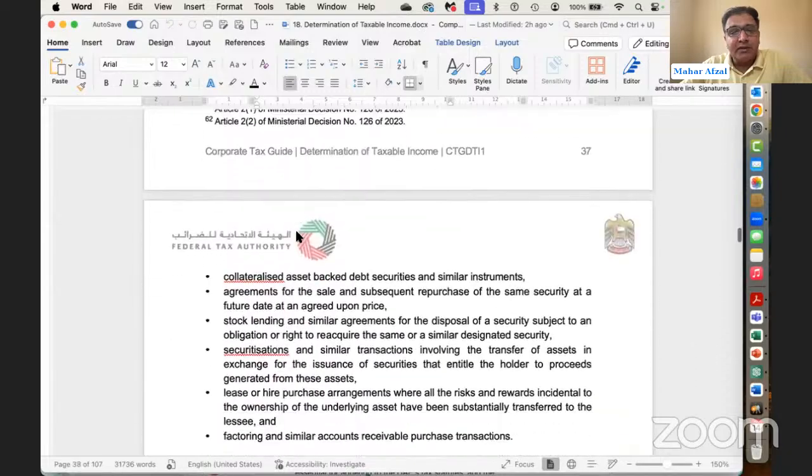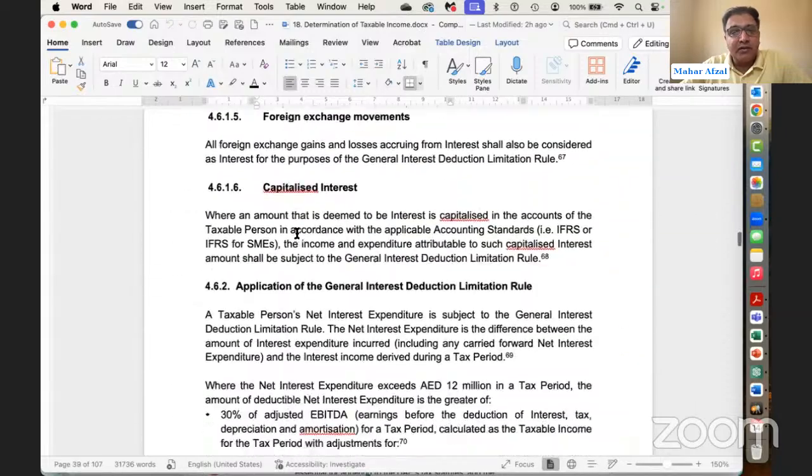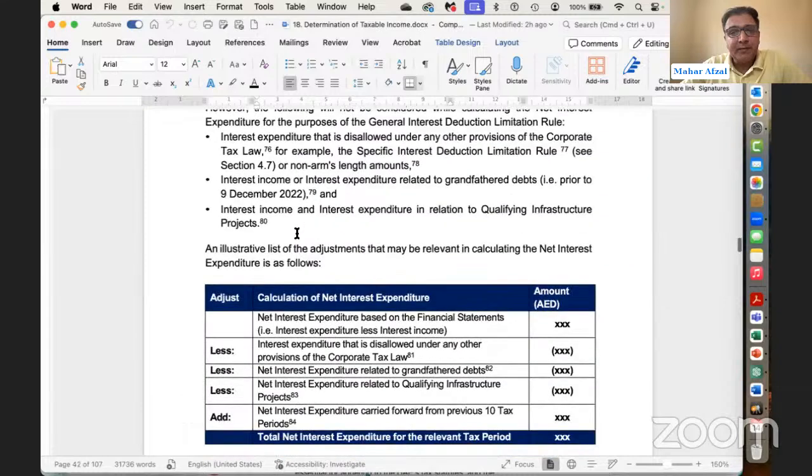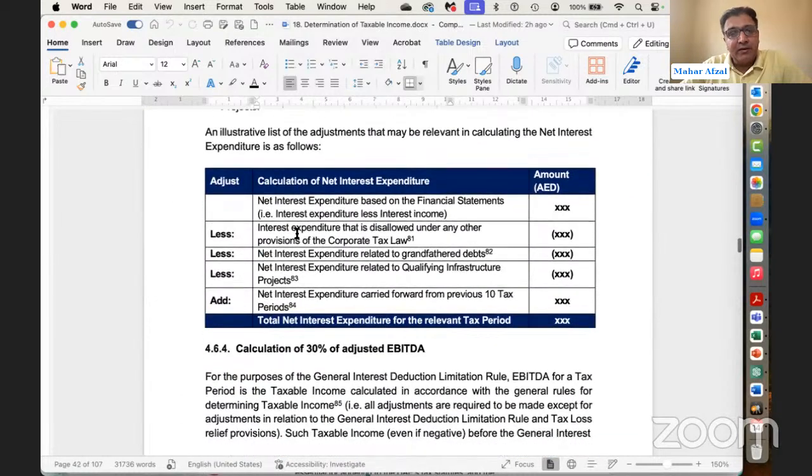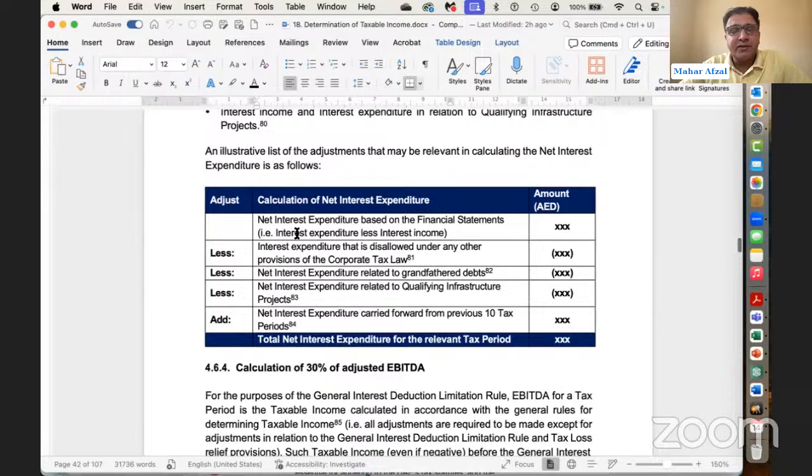Interest: we have already discussed the principle and the rules for interest. How can you calculate this? They have given the table. Basically, net interest rules are applicable on the net interest expenses. While calculating the net interest, you will not be required to include the interest on loans that you took before December 2022, because you can claim 100% on loans taken for qualifying infrastructure projects.